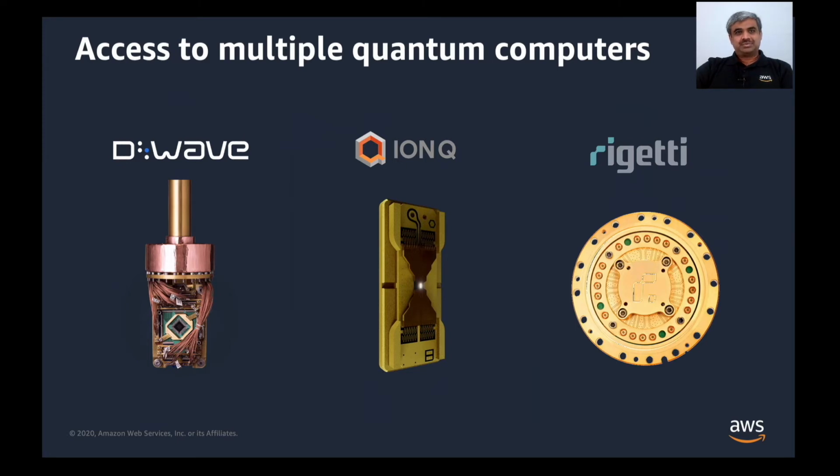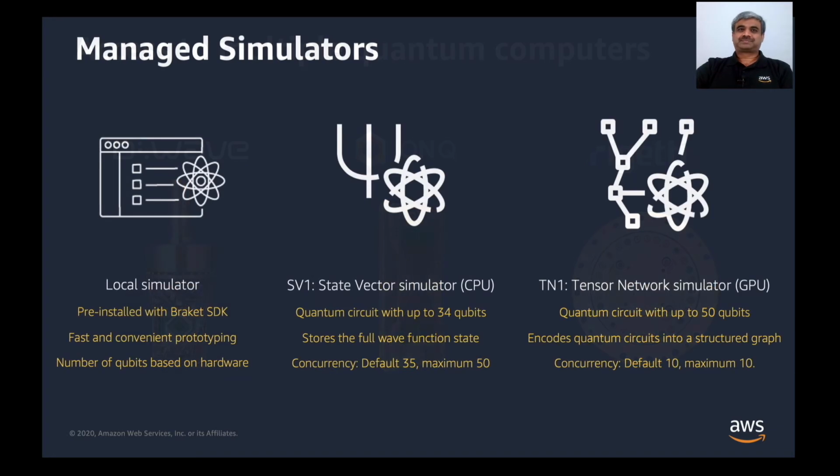This helps you test different technologies and compare the computing performance of different machines for the problems that you're trying to solve, and choose the hardware system that is best suited for your application. In the fullness of time, Amazon Bracket will continue adding more hardware designs for customers to use.